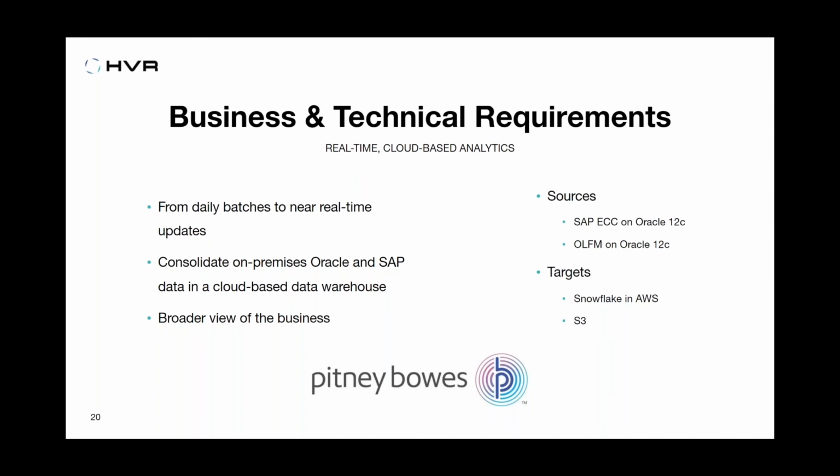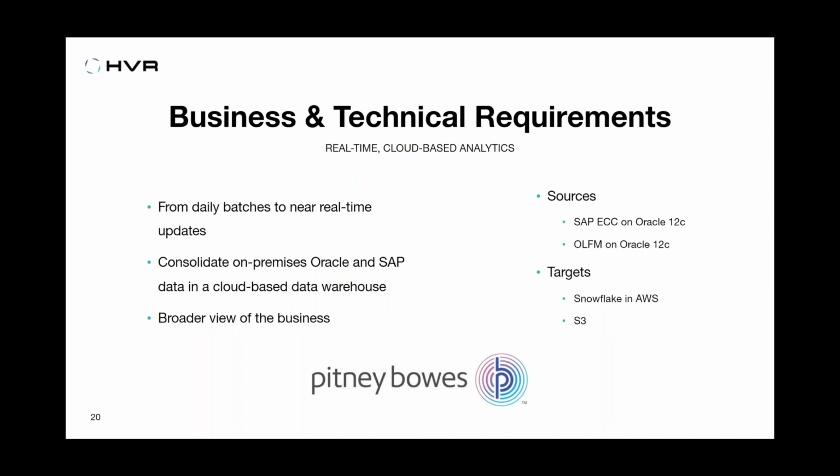They came to both HVR and Snowflake around the same time, looking to better get a handle on their analytics and data warehousing. They wanted to consolidate a bunch of different data sets. And here's a great case: they had SAP as their main system of record, but they also had an Oracle finance module that was not in SAP, so getting those two pieces of data was very tricky.